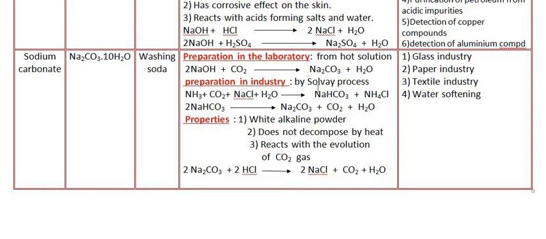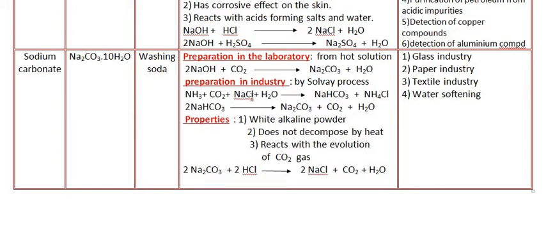invented by a scientist called Solvay and named the Solvay process, in which ammonia gas or ammonia solution, carbon dioxide, sodium chloride and water are used.